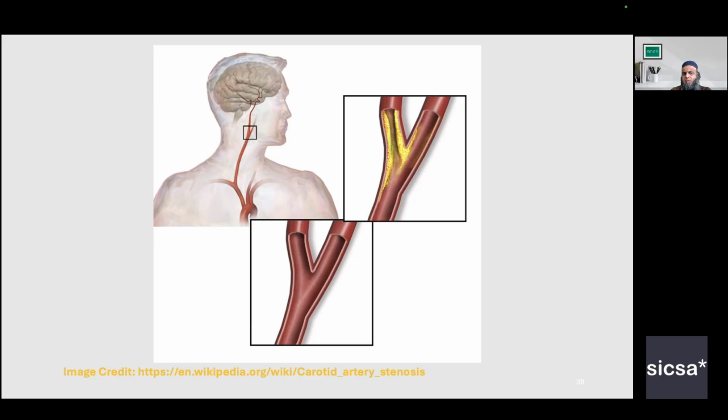The way clinicians study this plaque is by taking ultrasound images of the carotid arteries. They record ultrasound images from 4 different angles. So for each single case, you have 4 ultrasound images recorded from 4 different directions.